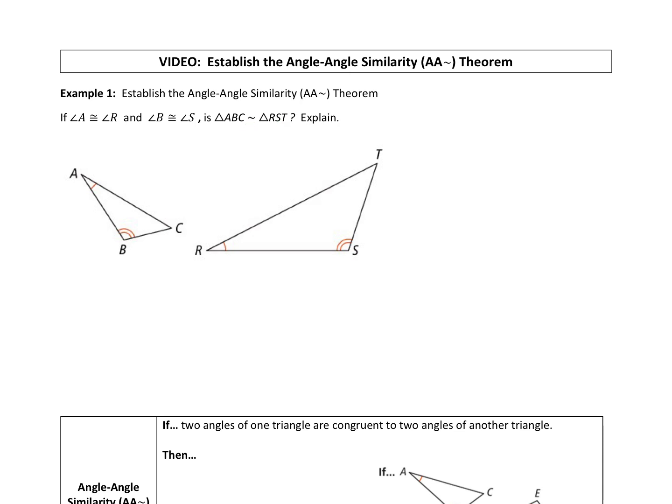Remember, similar figures will have congruent angles and proportional sides. So the question we have to ask ourselves is, is there a similarity transformation that maps triangle ABC to triangle RST?